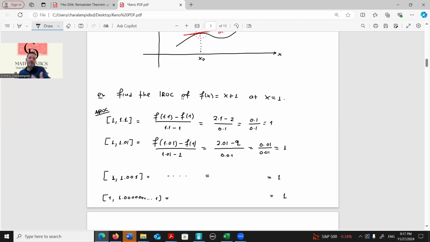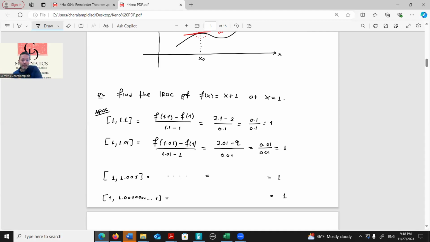Simply because the original function f of x was a line, and in a line we have a constant rate of change, we were able to find the instantaneous rate of change right from the very beginning. But if it was another graph, a random function, and we followed the same process of minimizing the interval, we would have seen that the smaller the interval gets, the closer we approach a certain number.